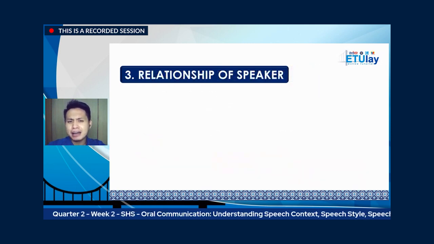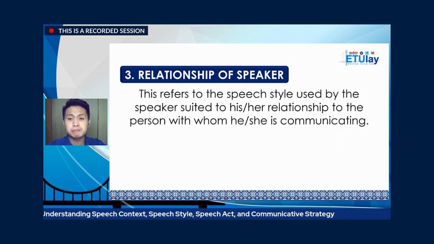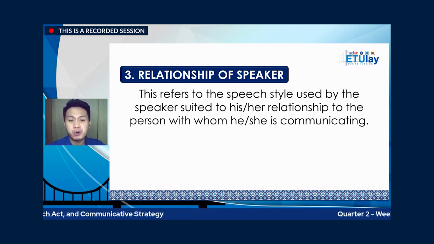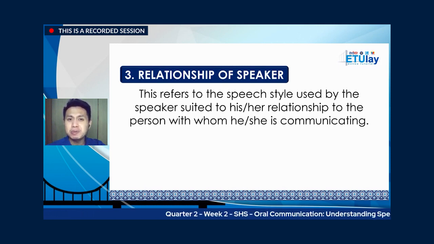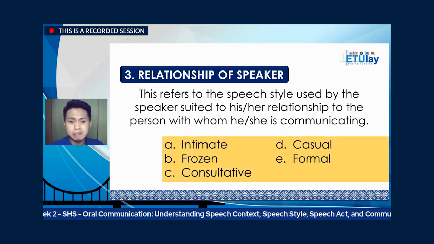The third factor is relationship of speaker. This refers to the speech style used by the speaker suited to his or her relationship to the person with whom he or she is communicating. Styles can be classified as intimate, frozen, consultative, casual, or formal.